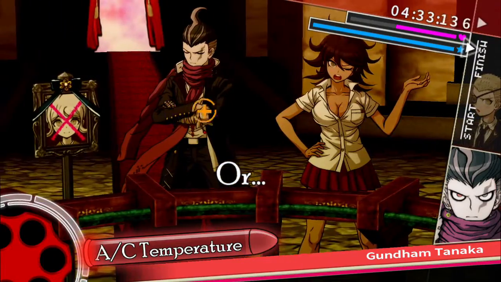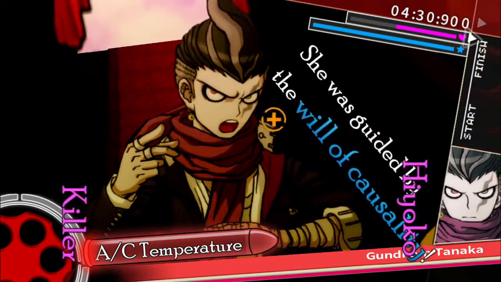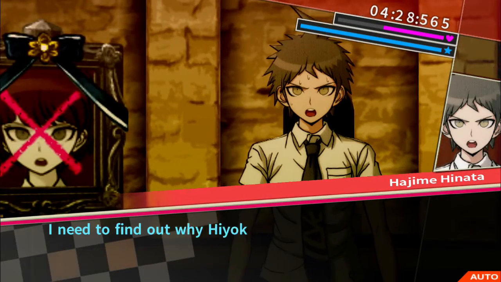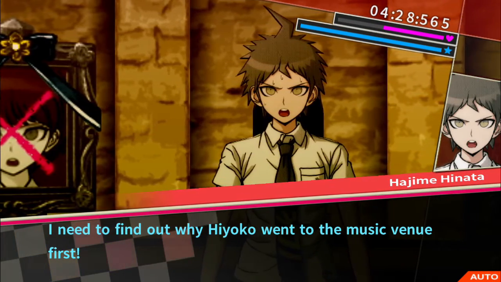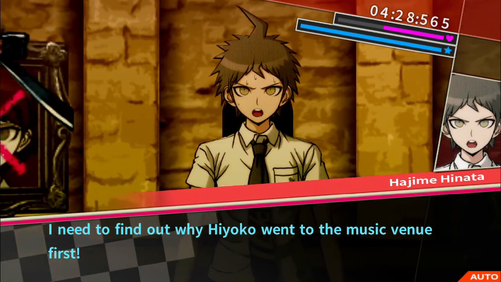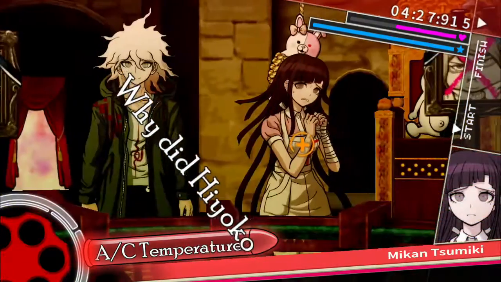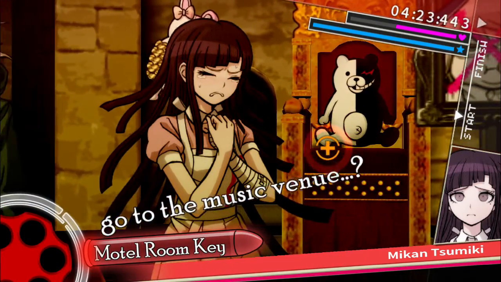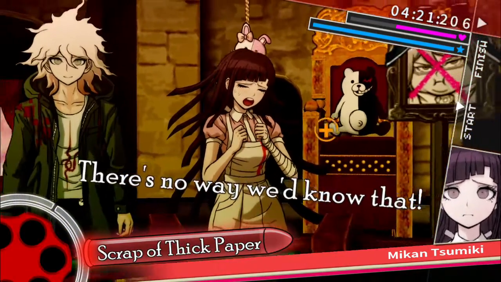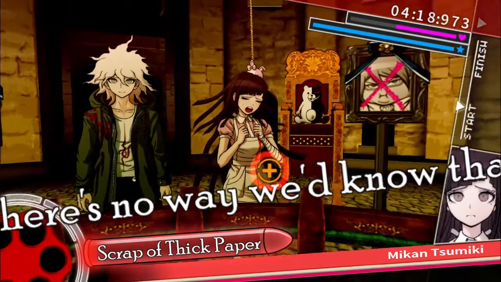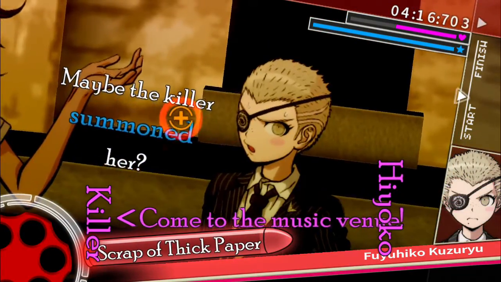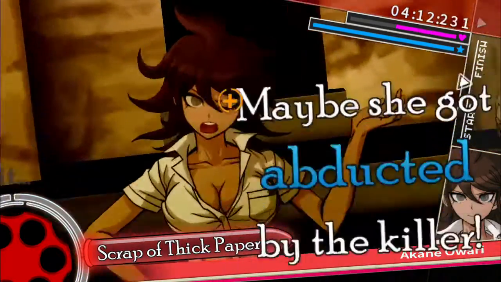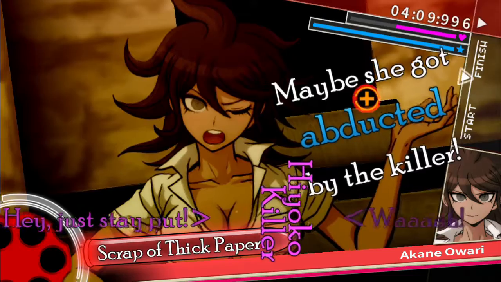Or she was guided by the will of causality. Oh wait. We need to find out why Hiyoko went to the music venue first. Why did Hiyoko go to the music venue? There's no way we'd know that! Maybe the killer summoned her. If that's not it, maybe she got abducted by the killer.